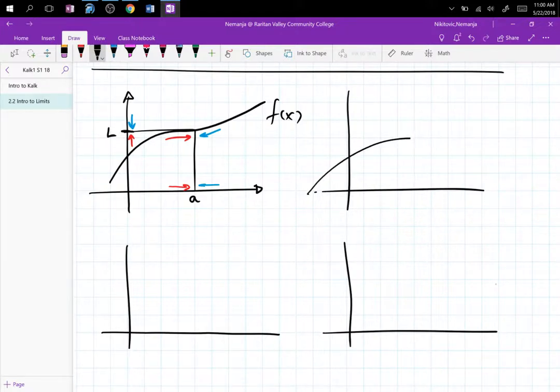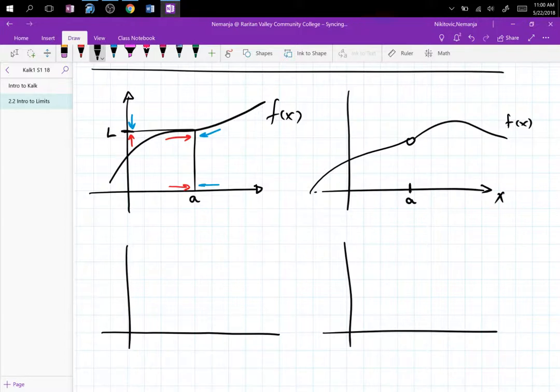Then we consider the same thing, but now we have a hole in a graph, so the value at A is not defined.